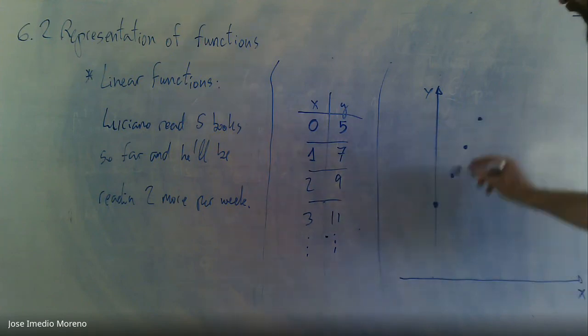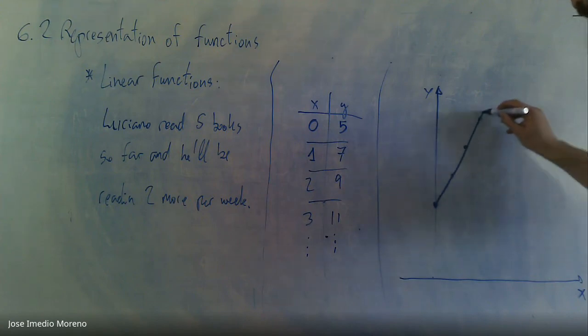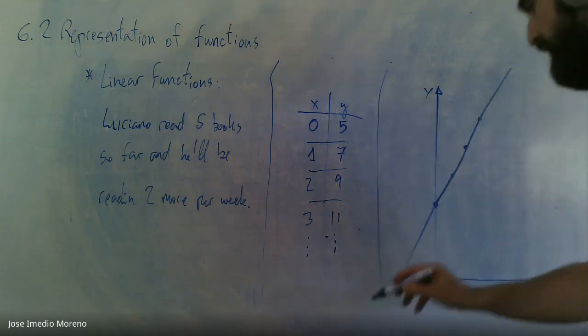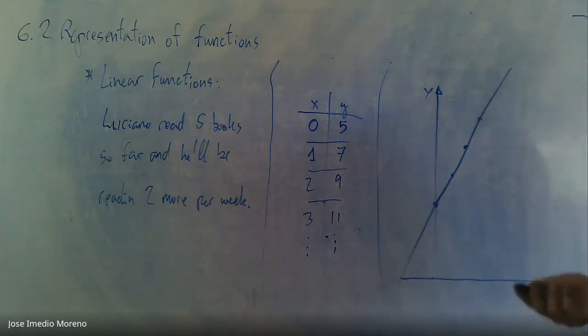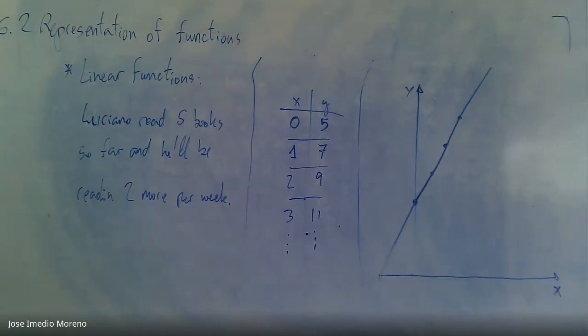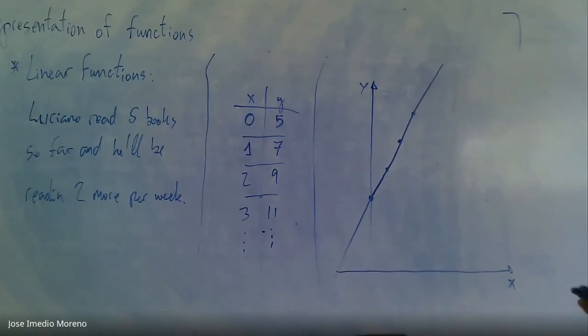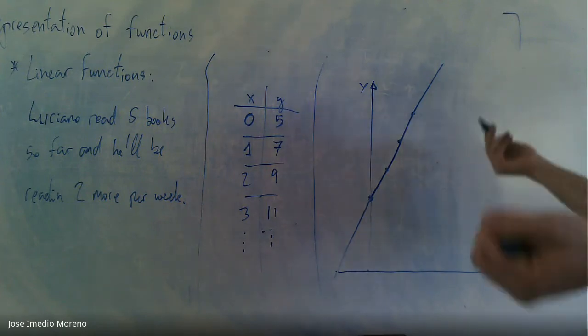And then, as this is predictable and this is a linear function, it has this shape. It's a straight line. And when it's predictable, as I said, in the case of linear functions, there's another way to express this, and that is by using an analytical expression.